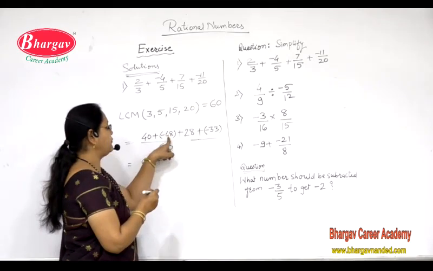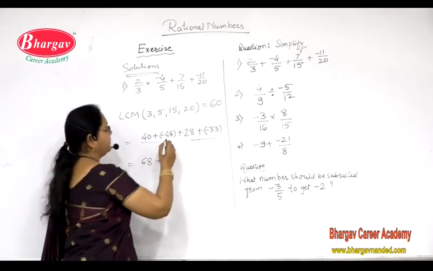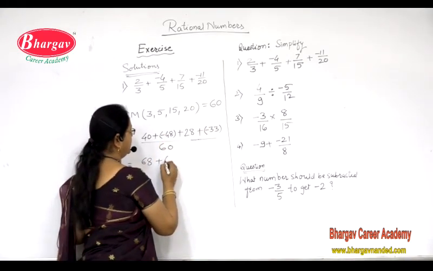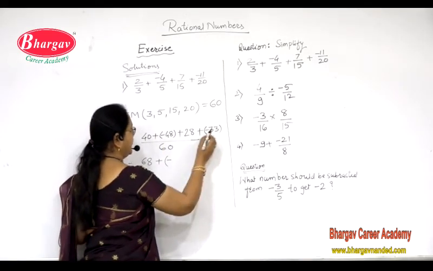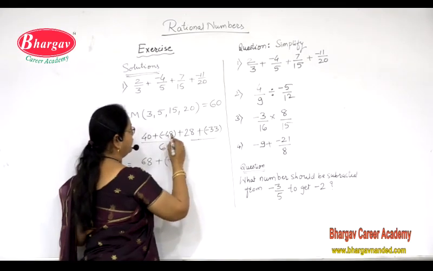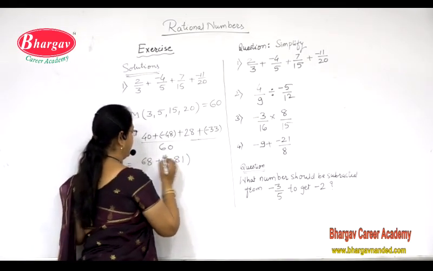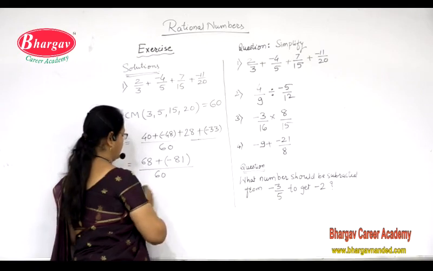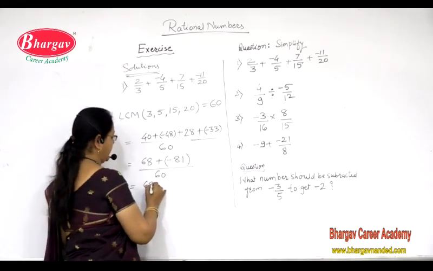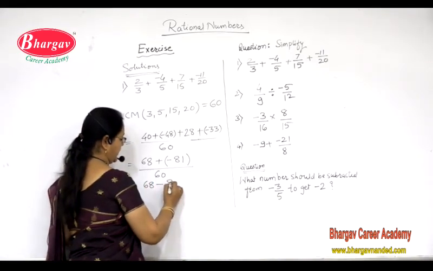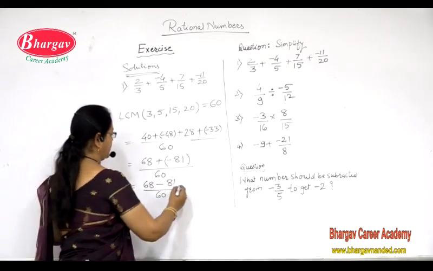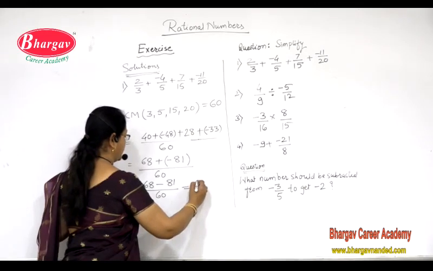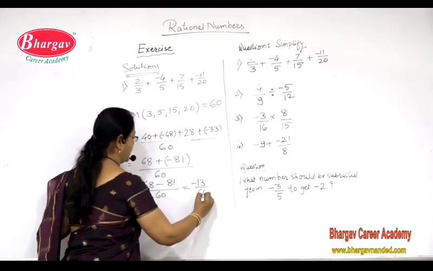If you want to add these 48 and 33, we have to add 48 and 33 with the same sign minus, because these two numbers are minus. 8 plus 3, 11, carry 1. 4 plus 3, 7 plus 1, 8. So 81 divided by 60, I write it. So as we know, 68 plus minus will become minus 81 divided by 60, and if you take the difference it will become minus 13 divided by 60.